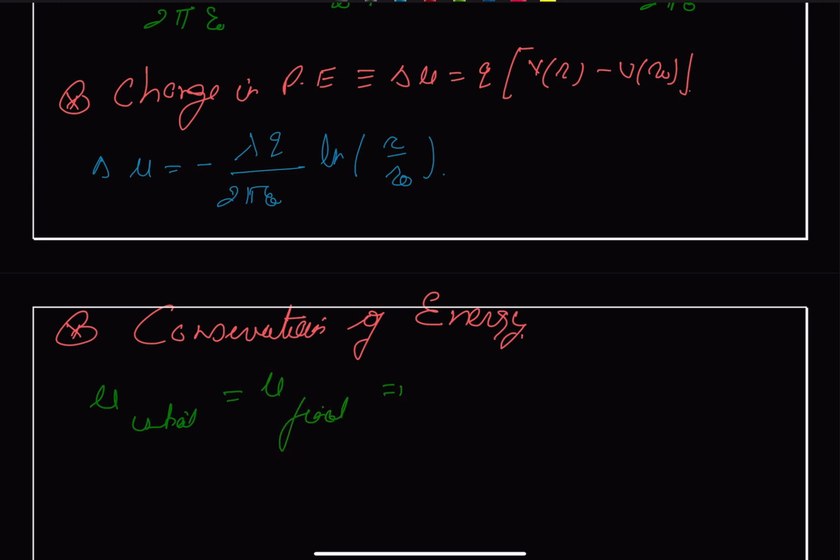The initial energy is only potential energy because the kinetic energy is 0. So the initial energy at r naught will be equal to the final energy, which has a velocity factor, kinetic energy plus potential energy at r.